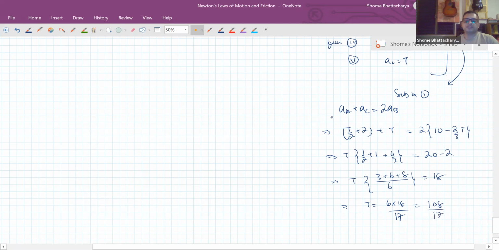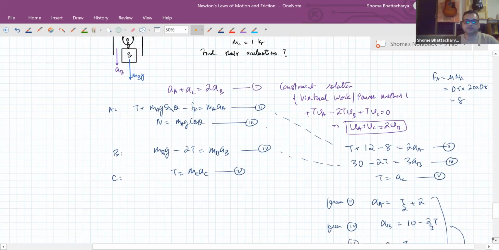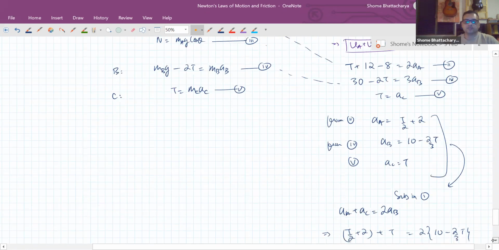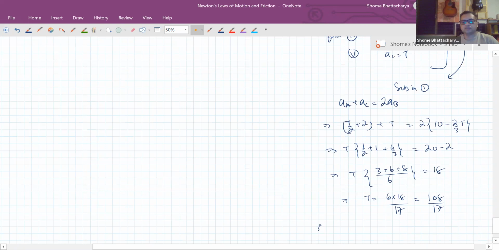So this becomes the tension, and then substituting this back in the above equations, we will get the accelerations. So for example, now you can see that acceleration of A is T by 2 plus 2. So that will become 54 by 17 plus 2.